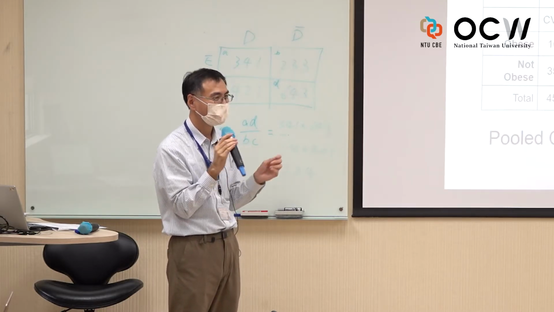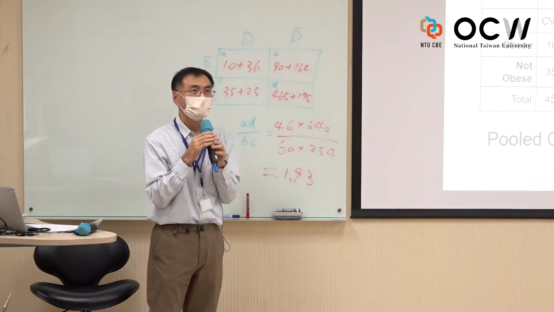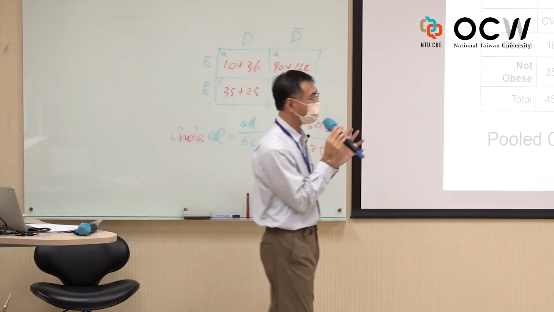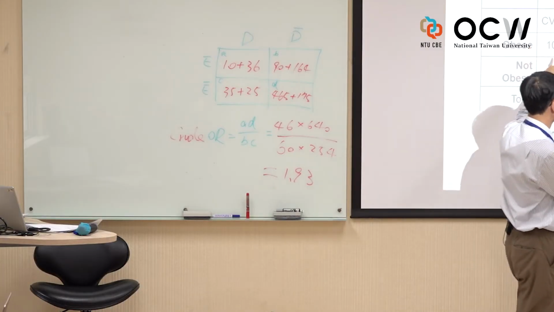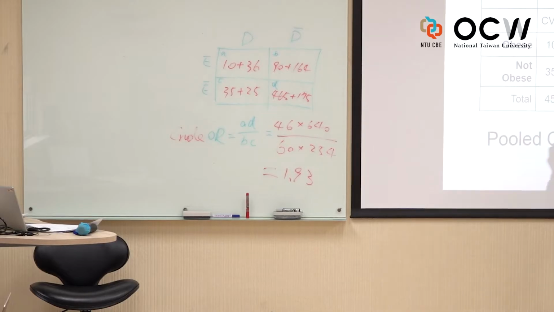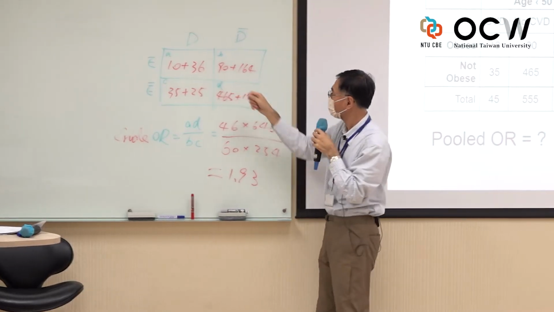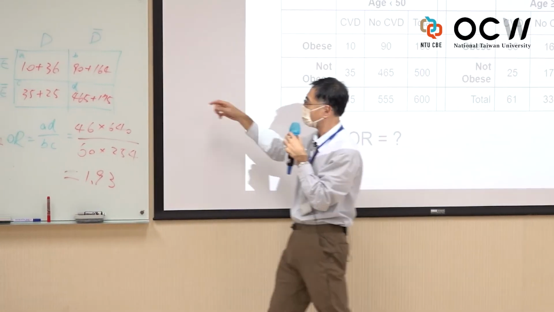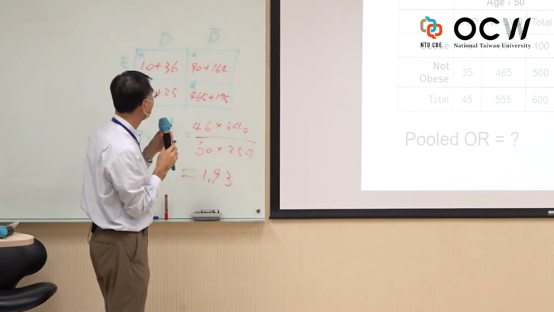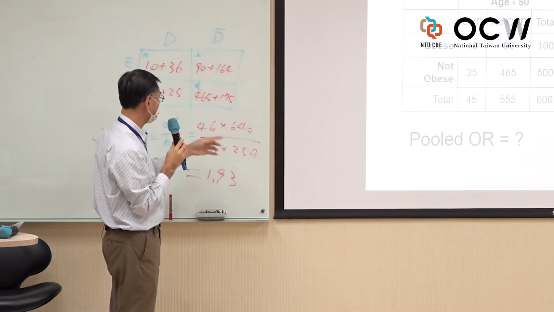I'll just split it up. Okay, 2 minutes. So without the consideration of age, we could just put them together. Plus 34, that's 46. And 90 plus 164 is B, 254.